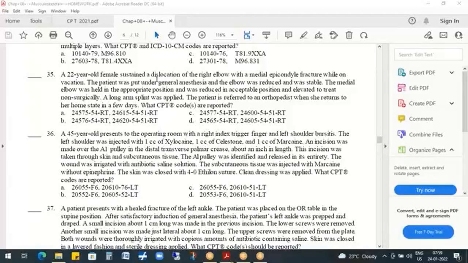Excision tumor of soft tissue of shoulder area, subcutaneous, less than 3 centimeters.